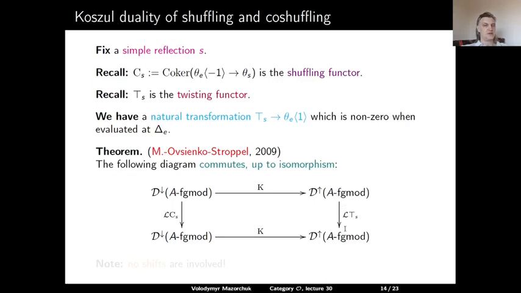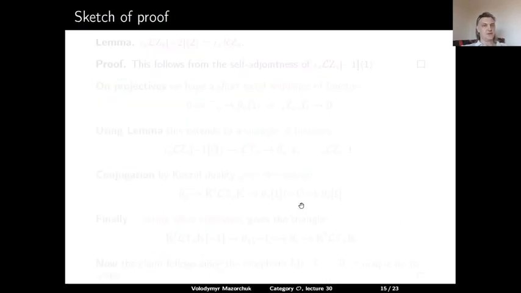In other words, the shuffling and twisting are connected by conjugation with Koszul duality. And note there are no graded shifts explicitly written in the picture, but this is a graded picture with all functors graded. So here is a sketch of the proof.